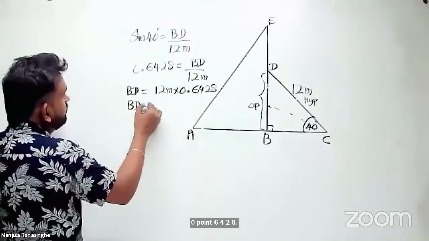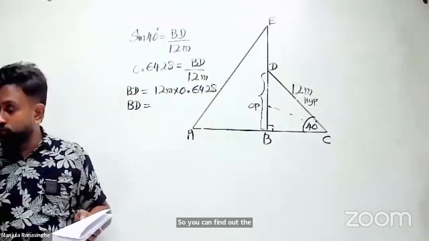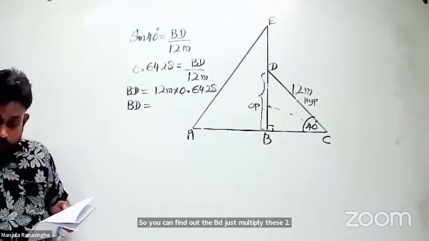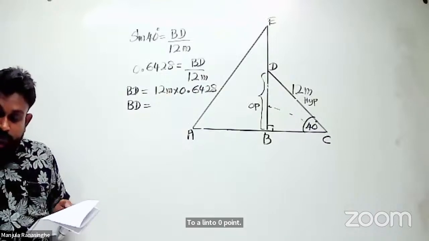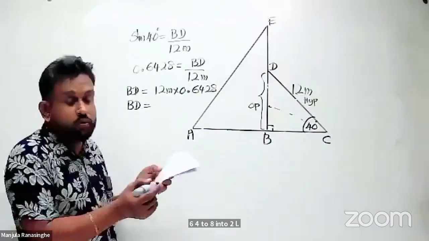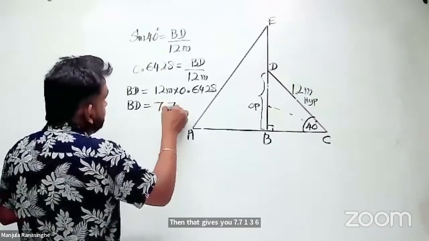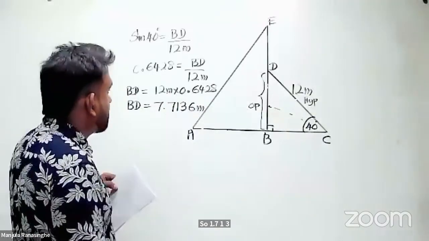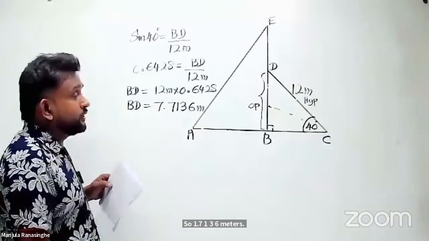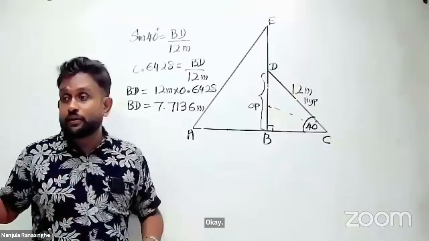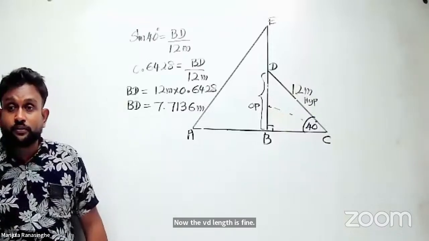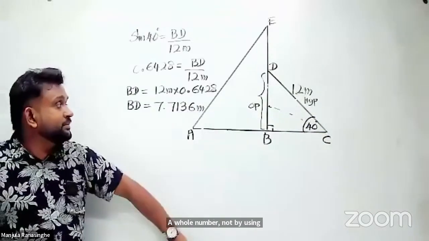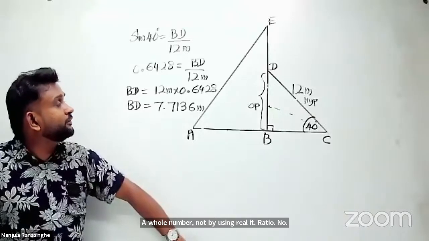Just multiply these two, 12 into 0.6428, and that gives you 7.7136 meters. Now the BD length is found. Check whether they are asking for a whole number or not. No, so keep it as it is.